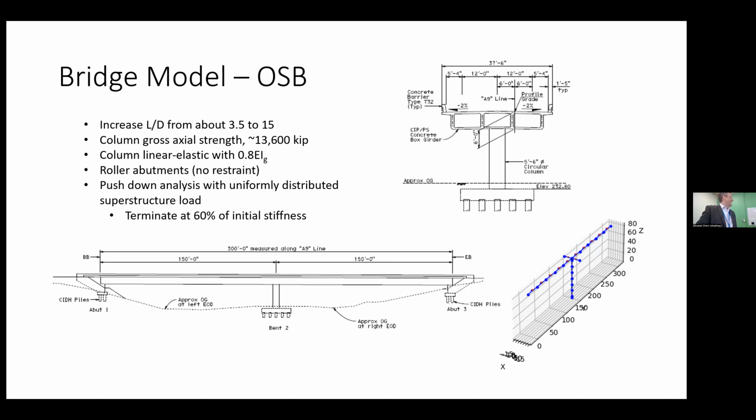Okay. We assigned an effective EI of 0.8 of the gross, used roller abutments. It says no restraint, but we actually restrained the torsion at the ends, which I'll talk about in a second. And we loaded this vertically, not laterally, but vertically with a push down analysis.